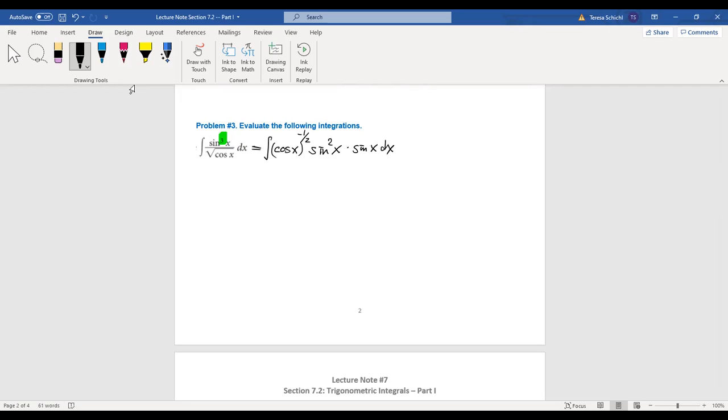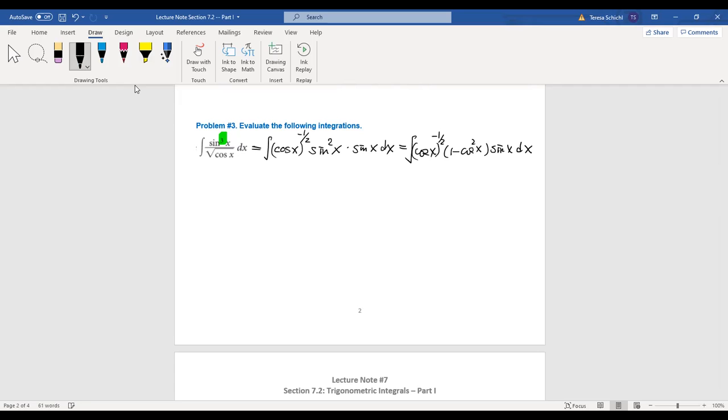I break it, that's why odd numbers matter. Now what is next? Next is the identities. So this is cosine x to the negative 1/2, then this is 1 minus cosine squared x, sine x dx.